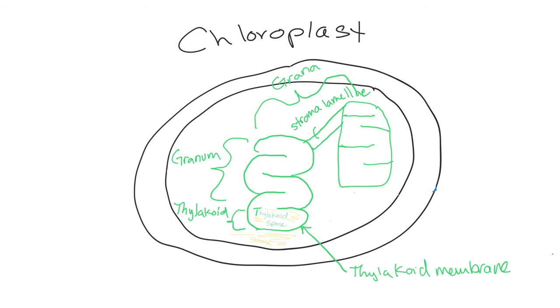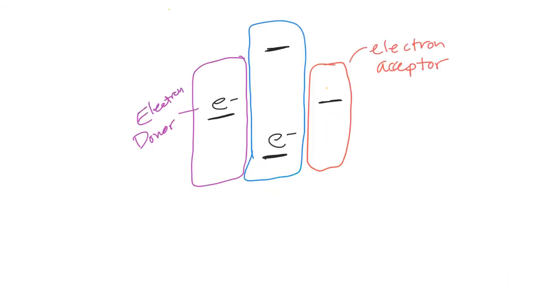Okay, so in order to understand what's going on, we have to talk about three different components. You have a reaction center, an electron donor, and an electron acceptor. And these are going to pass electrons from one to the other.